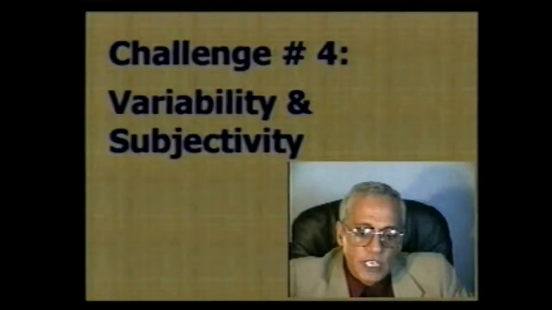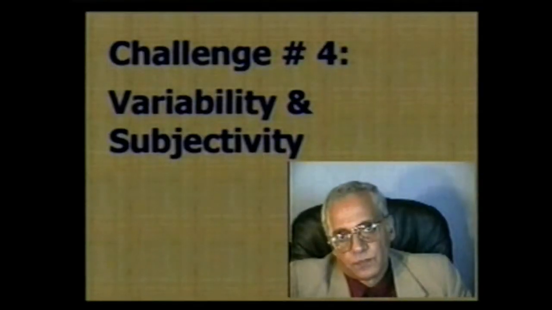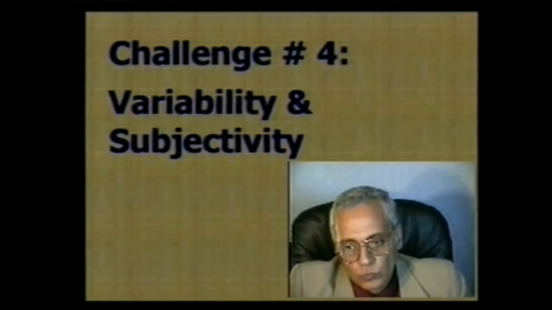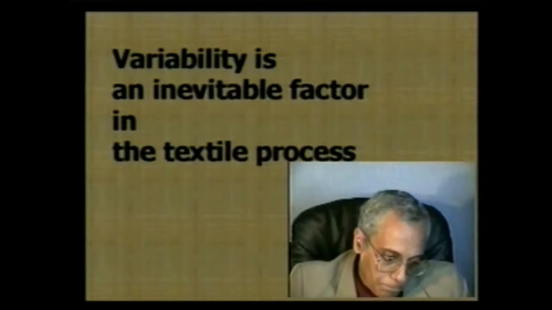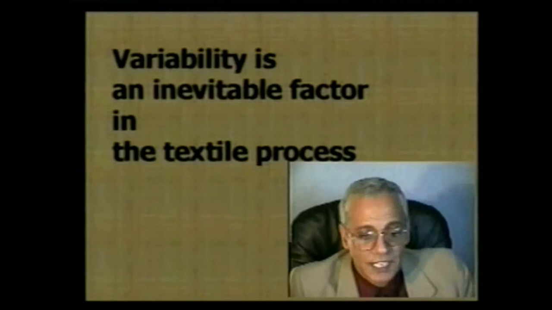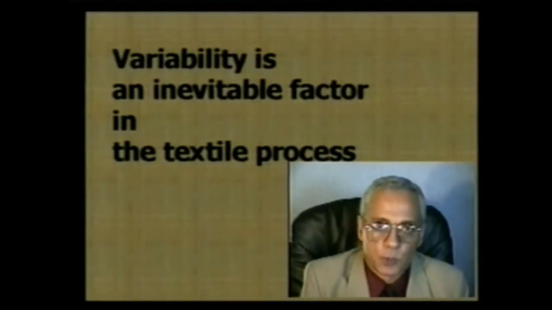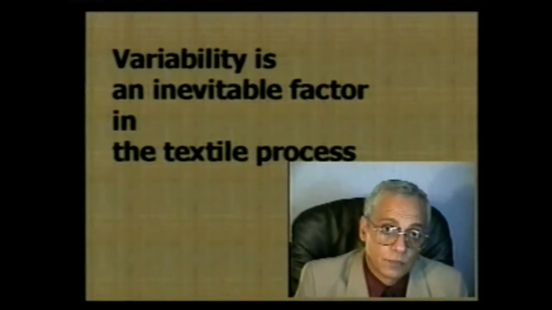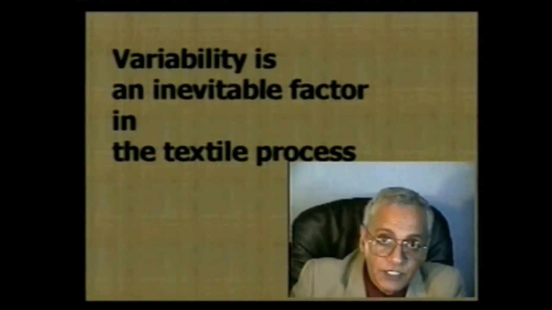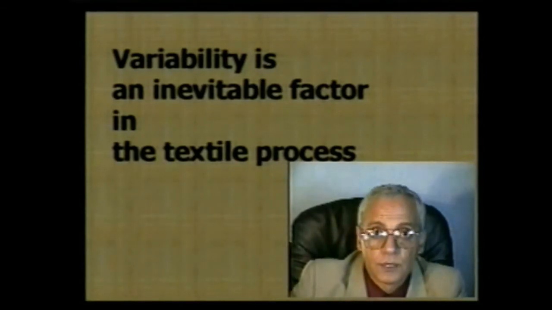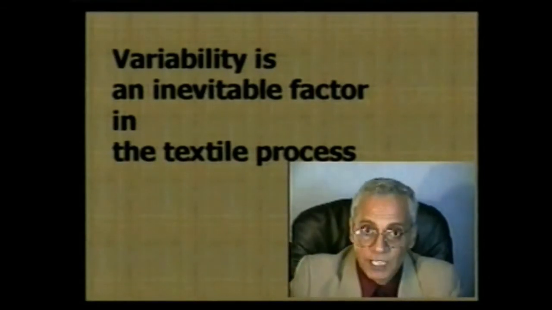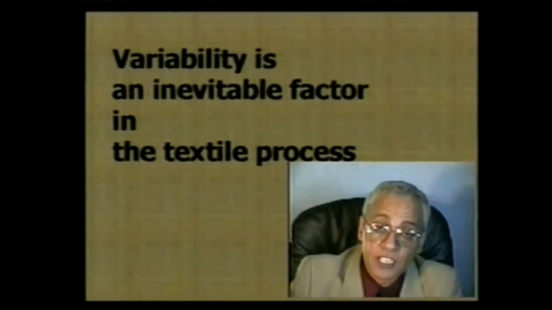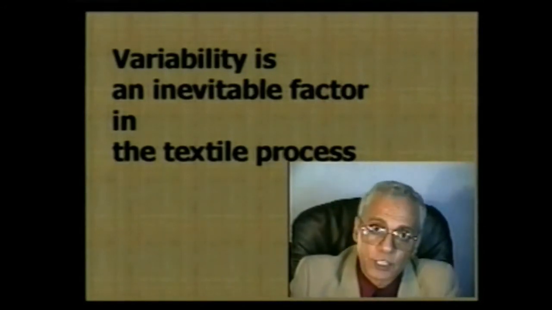The next challenge is variability and subjectivity. Variability, as we all know, is an inevitable factor in the textile process. We have a great deal of variability. Process added variability, raw material variability, end product variability.